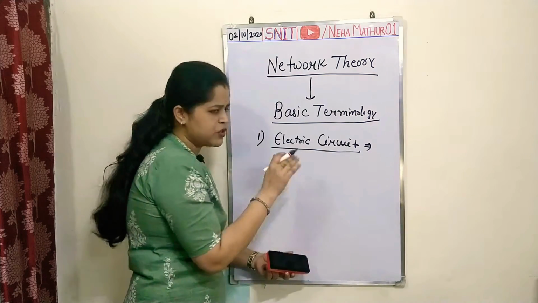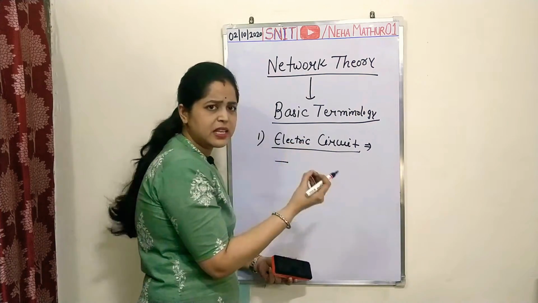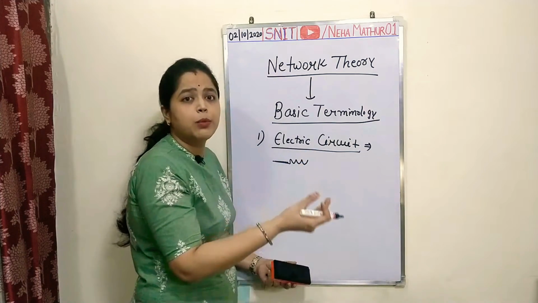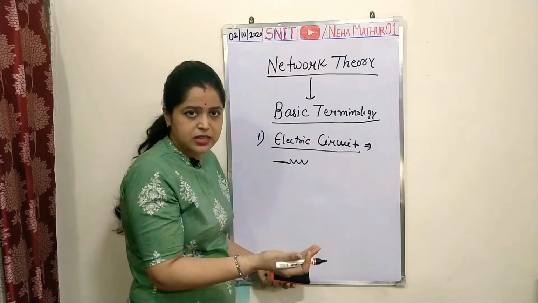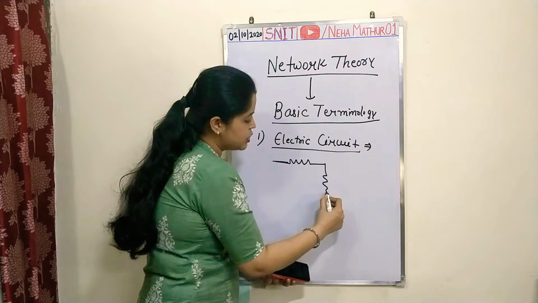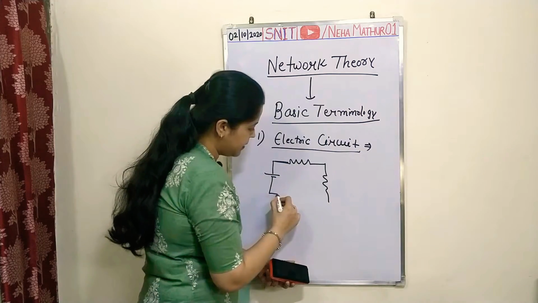Just like I am mentioning a basic electric circuit, by mentioning some basic components of electronics like resistors, voltage source and current source. So, I am just drawing one electric circuit.